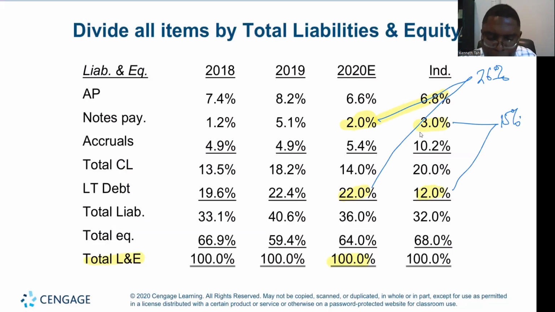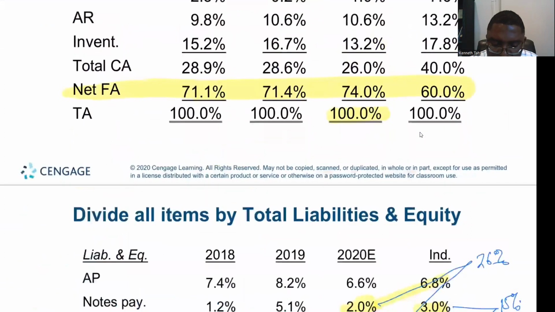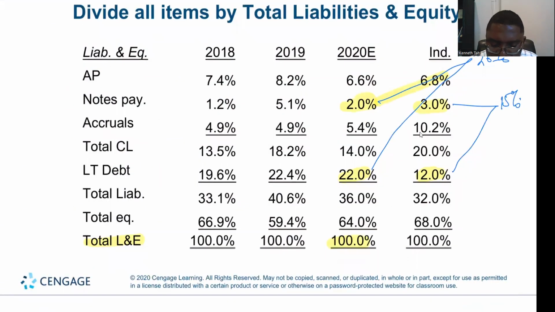So we can see how once we do common size statement, it can help us to do comparison over time and with the industry. Again, the common size balance sheet, on the asset side, we divide every item with the total asset and multiply it by 100. The liability side, we divide every line item figure with total liability and equity, and then we multiply it by 100.